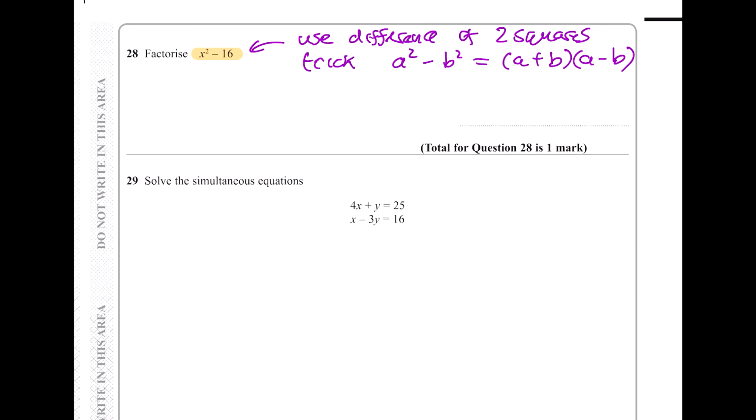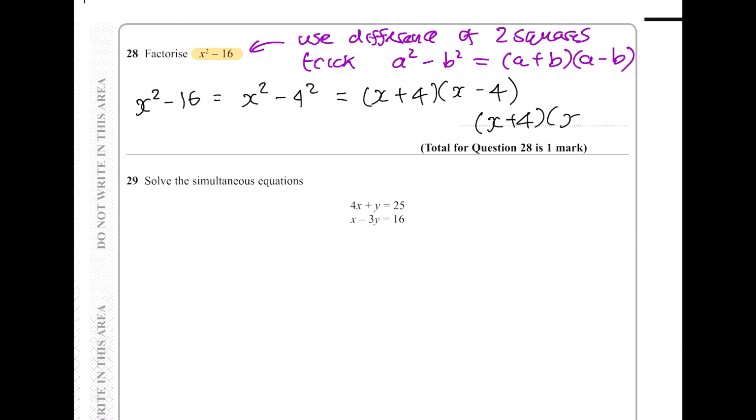So I'll do it in a couple of steps. We can write this as x squared minus 4 squared. And here the a is like the x and the b is like the 4. So writing it, you get x plus 4, x minus 4, like that.